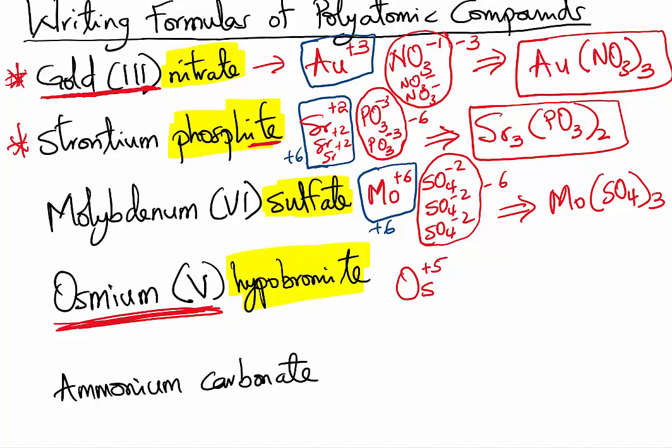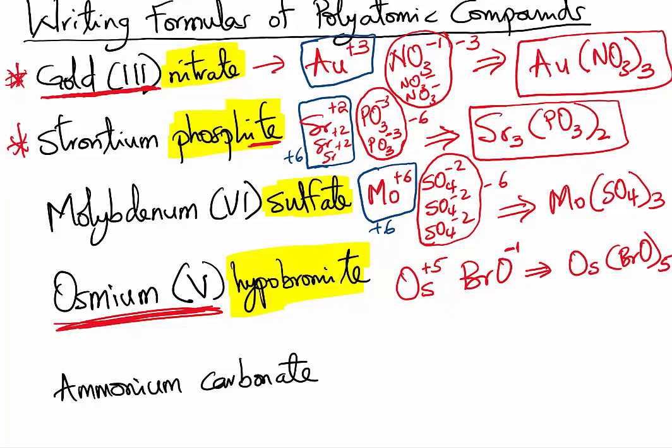The hypo means that it is a member of the family with the fewest oxygen in it. So, hypobromite will be BrO with a charge of -1. To balance out the charges, I will need 5 hypobromite, so the formula will be Os(BrO)5.